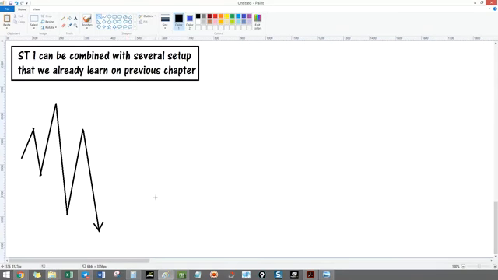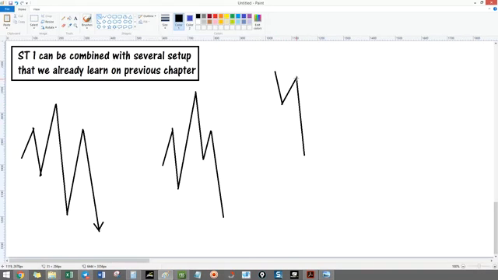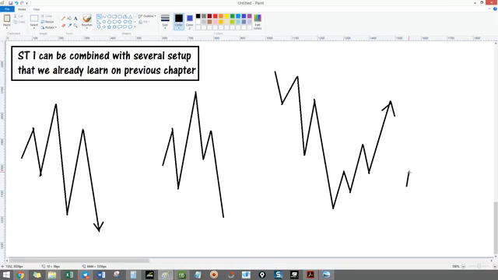You can use it on HNS. You can use it on SBR, RBS. You can use it on supply and demand zones.